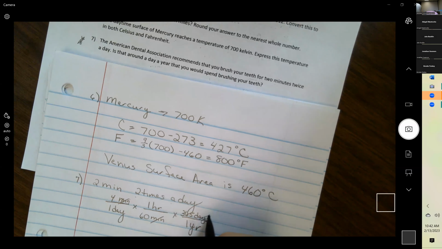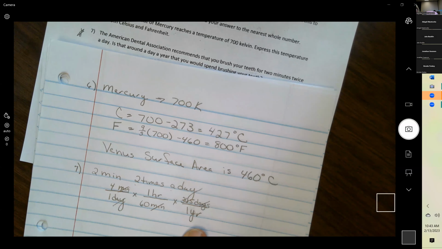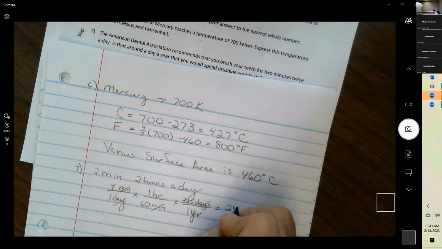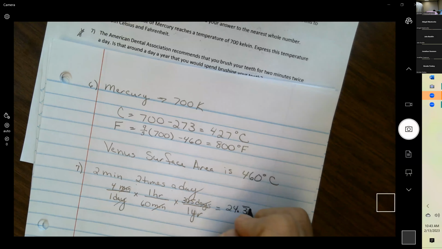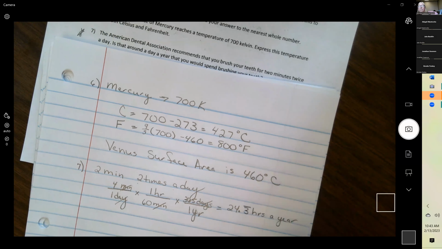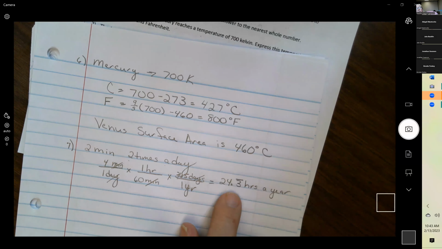So my days canceled, and this would be hours per year. So if I multiply that out, 4 times 365 divided by 60, 24.3 hours a year.